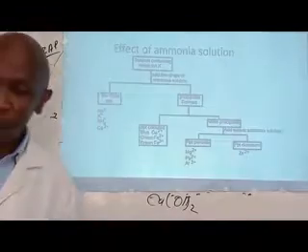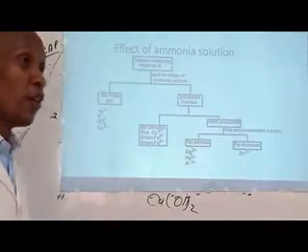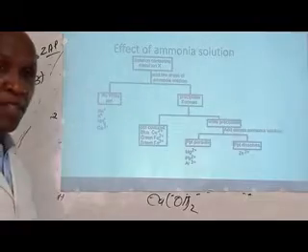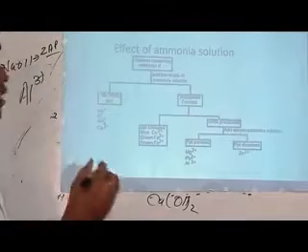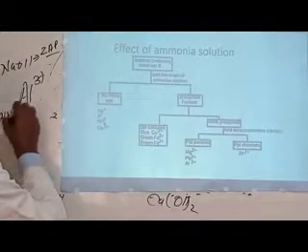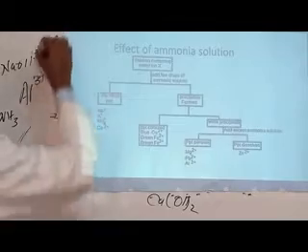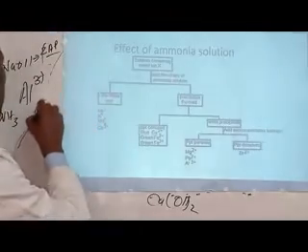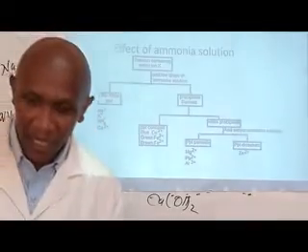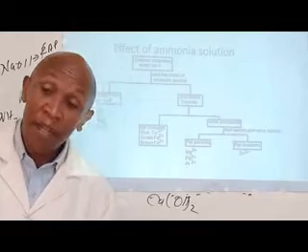Then I go on to add ammonia solution. I'll see a white precipitate that persists in excess. So with ammonia, I will have eliminated the zinc. So I have the aluminium and lead. How do I confirm between aluminium and lead?